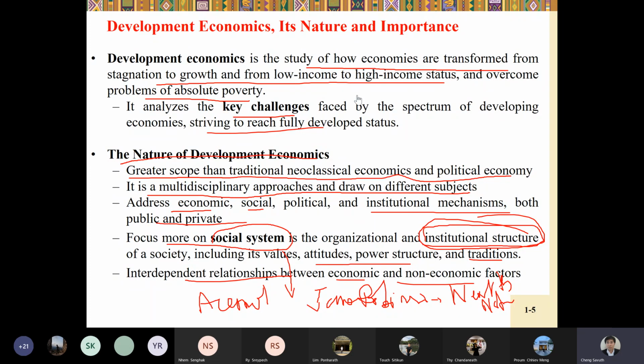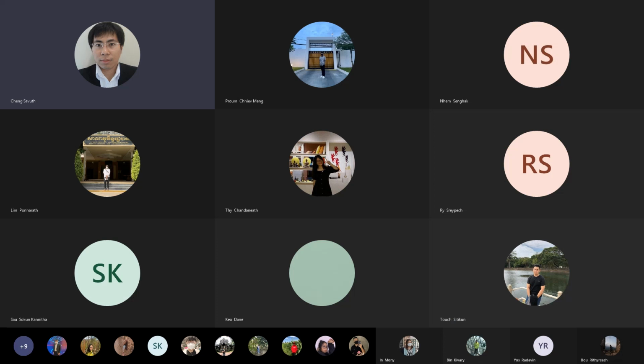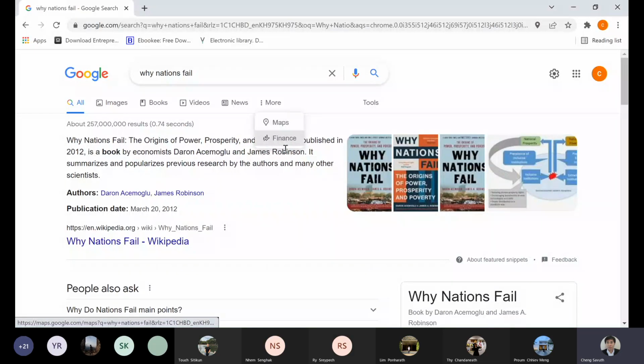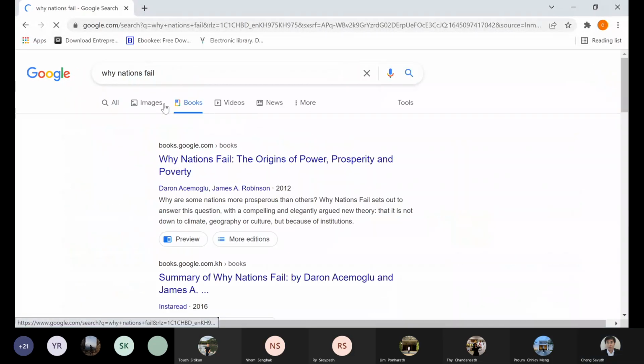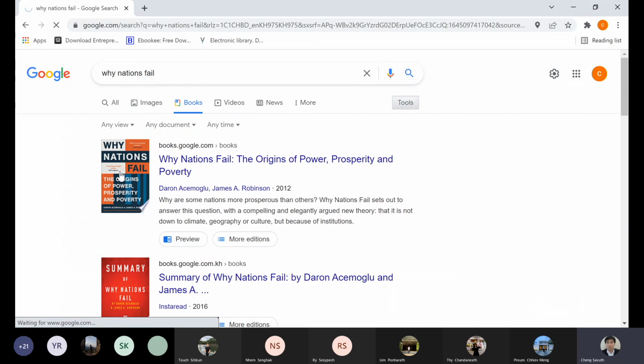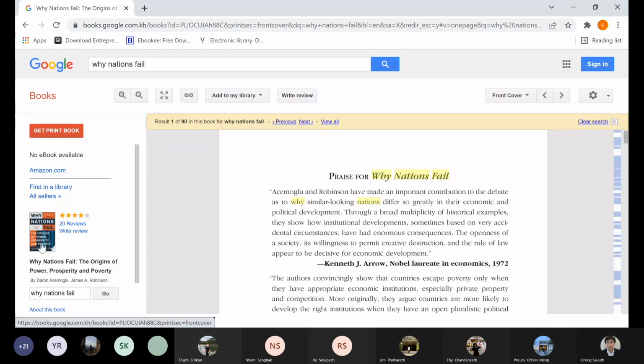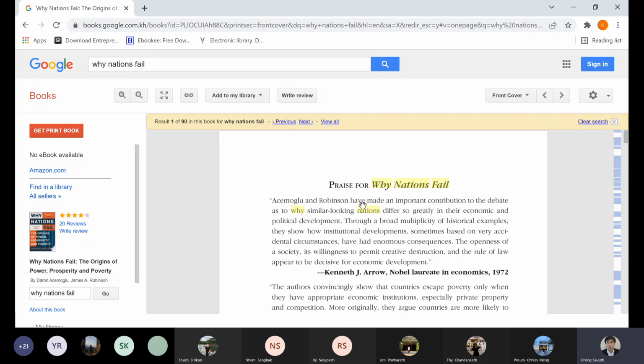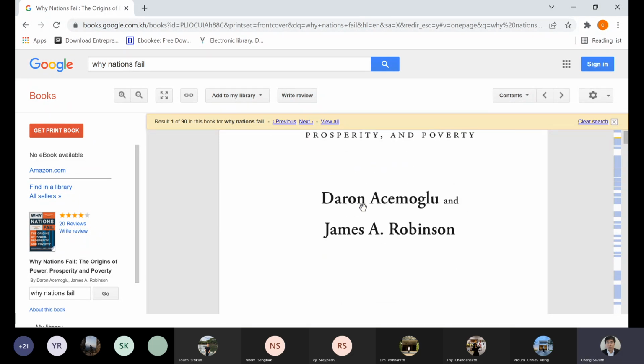The title of the book is Why Nations Fail. Okay, so this is the book by Daron Acemoglu and James Robinson. If you are interested, you can take a read at that.